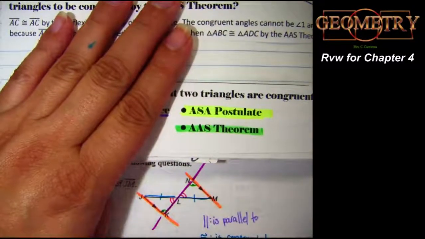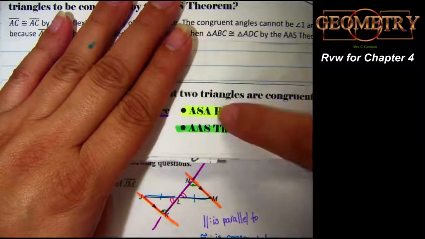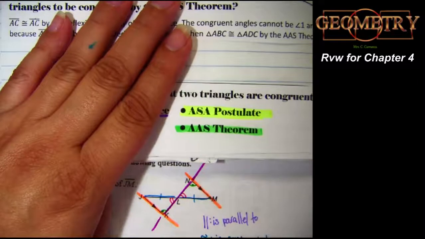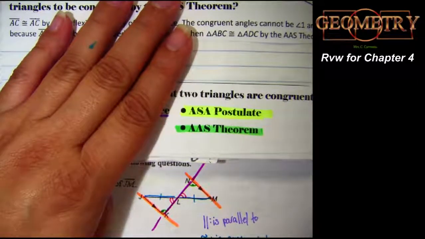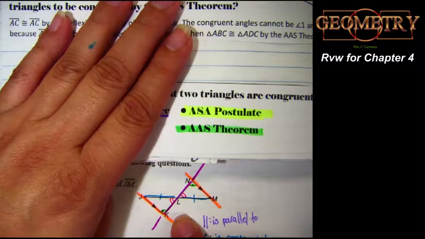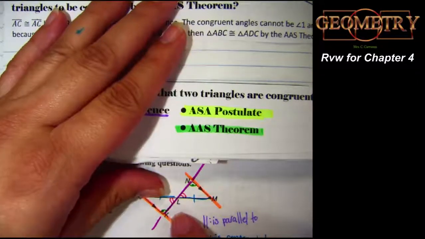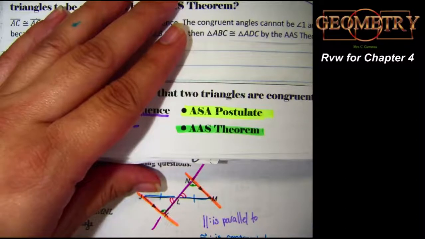So the question is, looking between these 2, this top one says the side has to be between the angles. And this one says the side can't be between the angles. What's our setup? We have 2 angles and the side that's not between them. See how we did that?